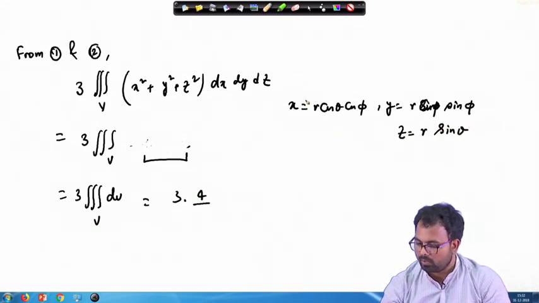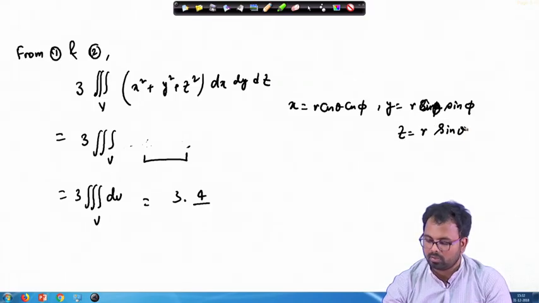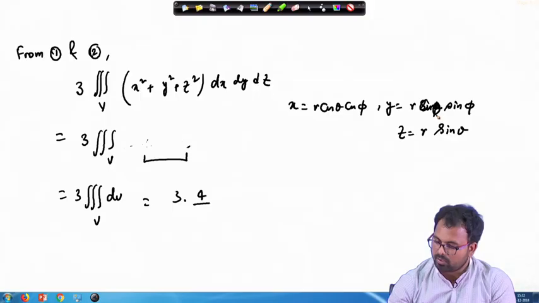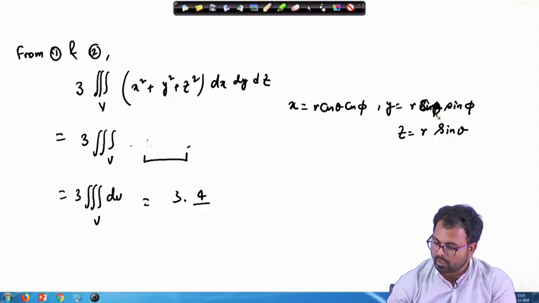Then in that case this will be x square plus y square. So, cos square theta will get out, and then this will be cos square phi plus sin square phi, and that will be 1, and then it will be r square cos square theta. Yes. So, this is correct. So, we substitute x equals to r cos theta cos phi, y equals to r cos theta sin phi, and z equals to r sin theta.